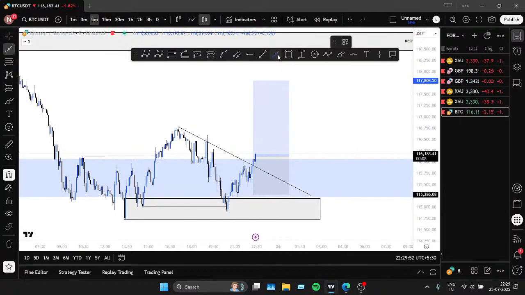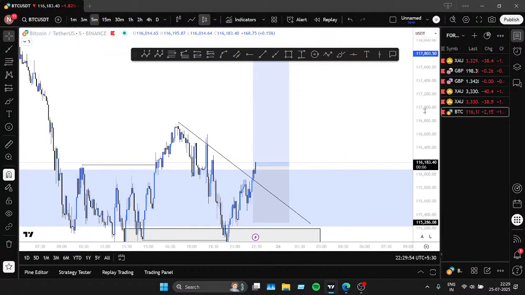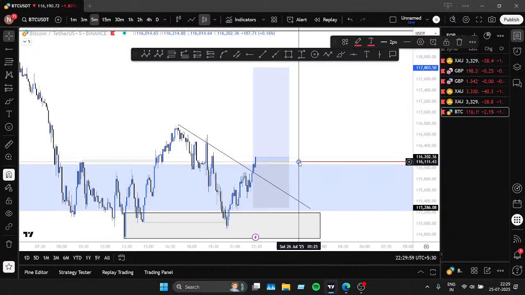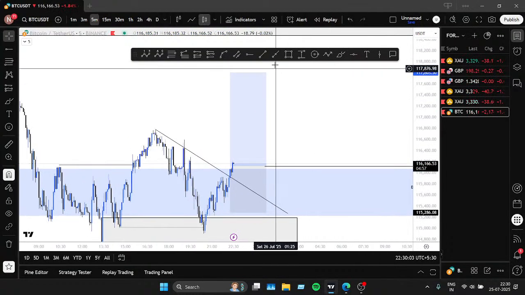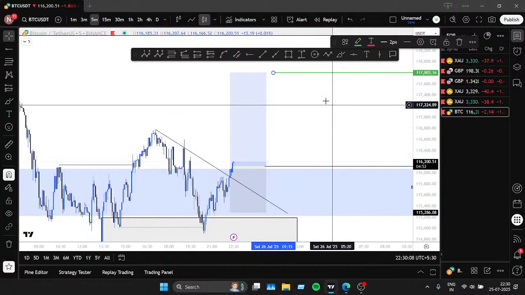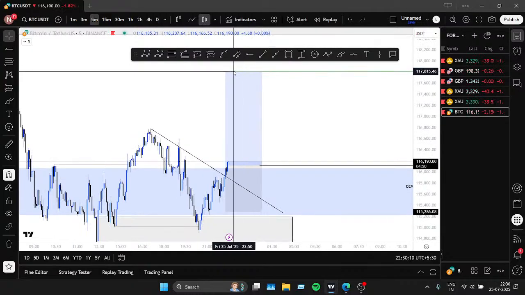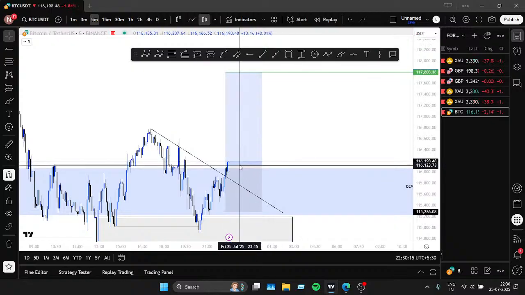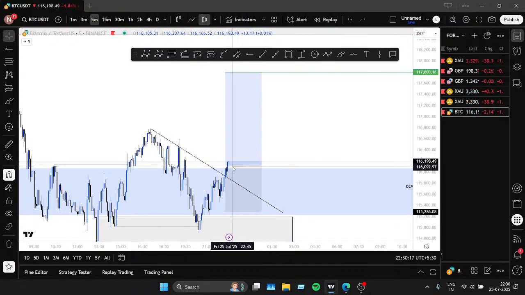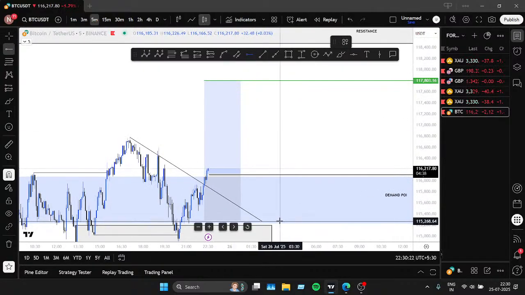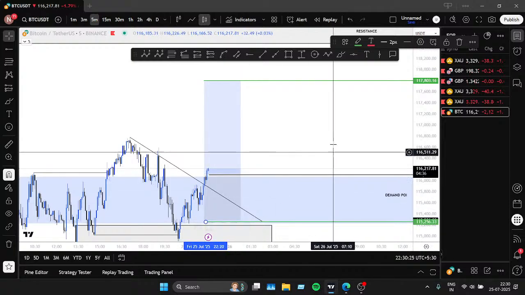Let me give the zone. This is a black, let it be green, profit, our entry, and our stop loss right here.